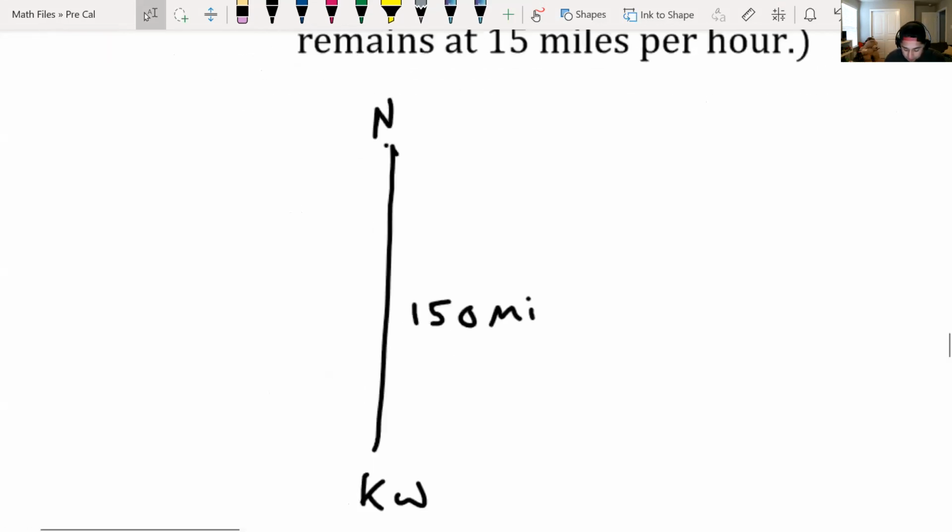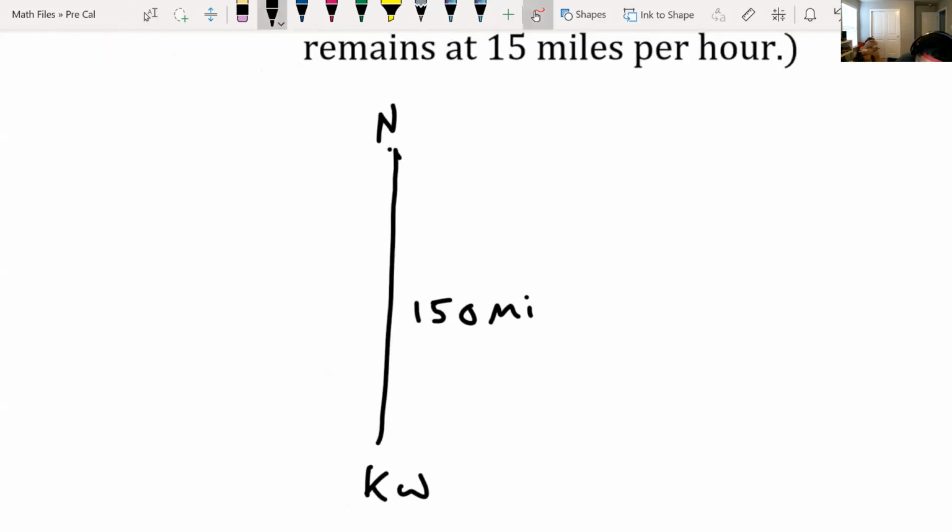So that answers A. Now, the boat's gonna keep going this way, but they need to find out what angle you need to turn to correct and get back on course for Key West.